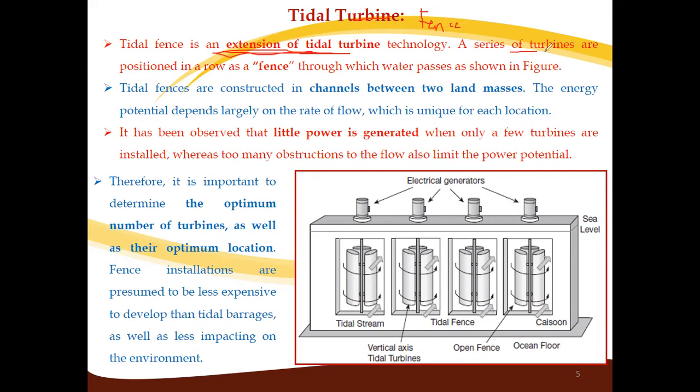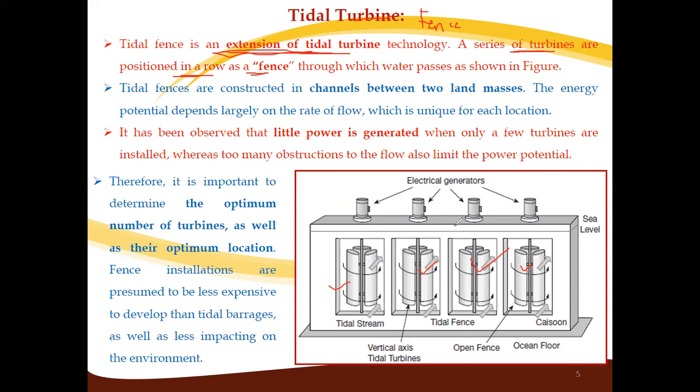A series of turbines are positioned in a row to form a fence through which water passes, as shown here. So if you see, there are a number of tidal turbines, 1, 2, 3, 4, and they are connected, and there are electric generators. For every turbine we have a generator, and from that the power is obtained.